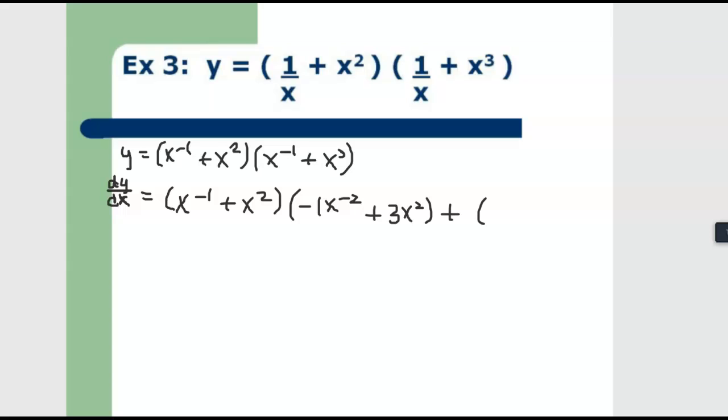Plus the second times derivative of the first. And then you have to FOIL twice.